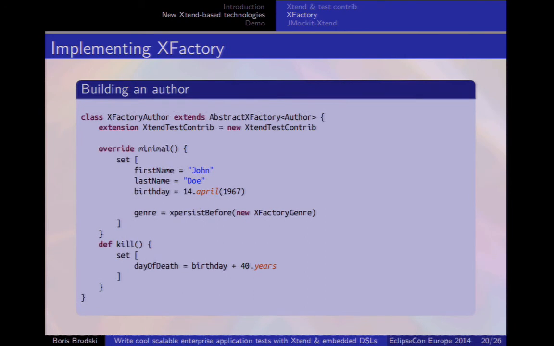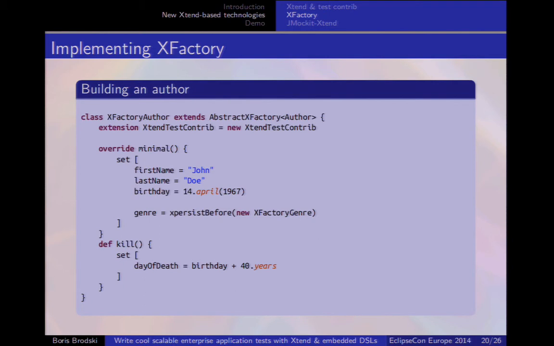OK, so let's see how we can actually write factories. These are just ordinary classes, Xtend classes, extending abstract XFactory. We implement the minimal method, setting mandatory attributes. And here you can also see a marvelous way to specify dates in Xtend.